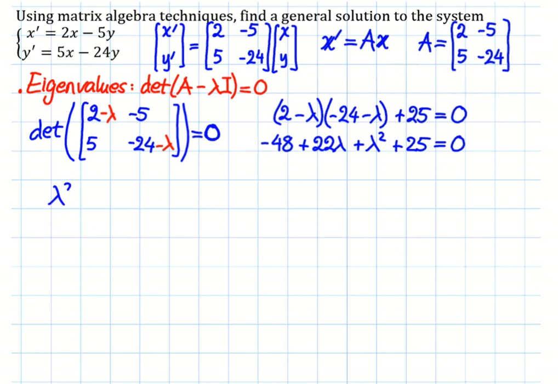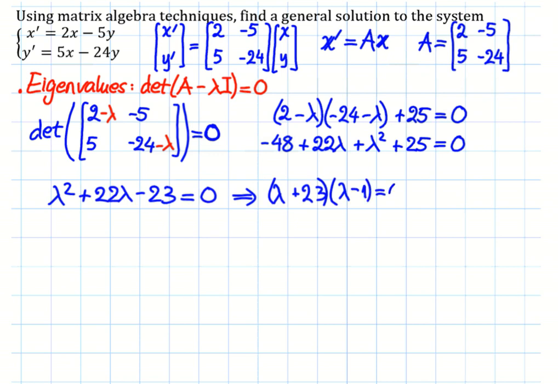So we have the equation lambda squared plus 22 lambda minus 23 equal to 0. If we factor it, we will have lambda minus 1 and lambda plus 23 equal to 0.